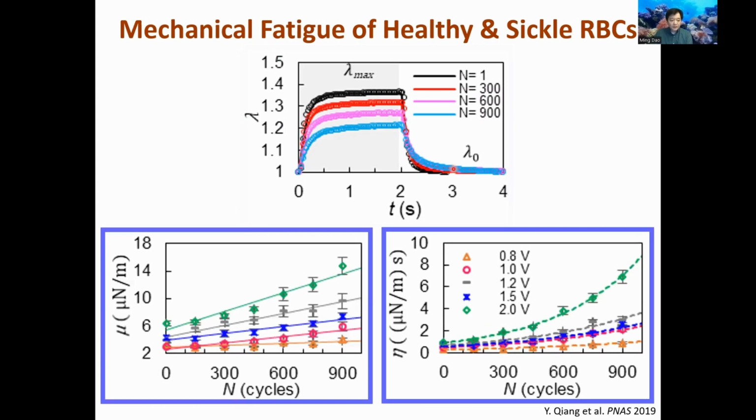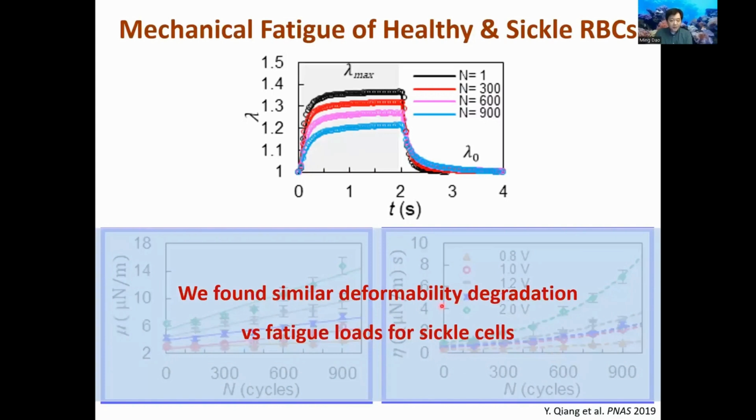So we tested that the stiffness will go higher and higher with number of cycles. And depending on how high the load is, the higher the load, the faster the degradation. Similar trends can be found for the increased viscosity of the red cell. So we found similar deformability degradation versus fatigue loads for sickle cells as well.